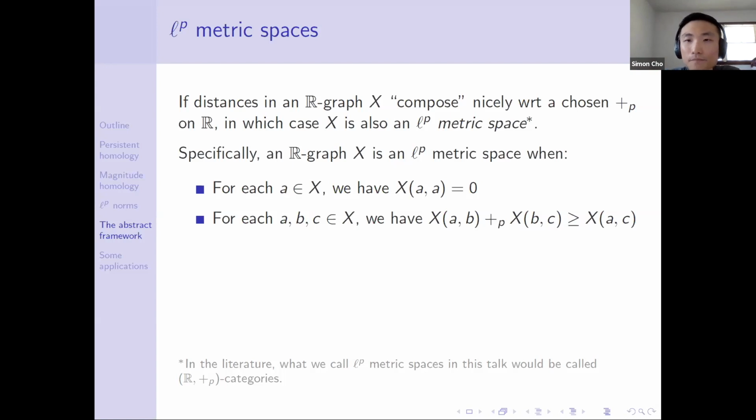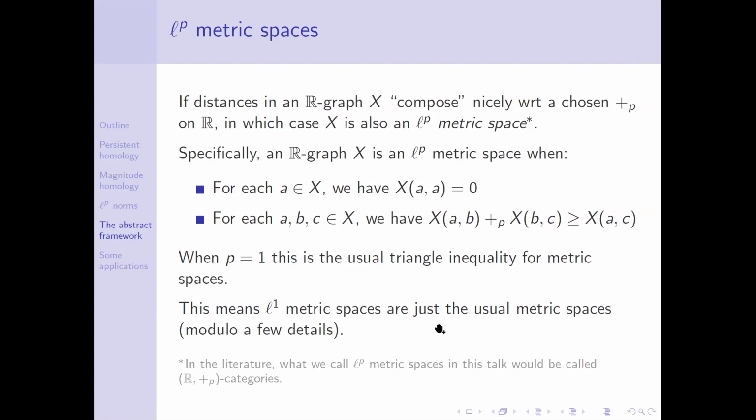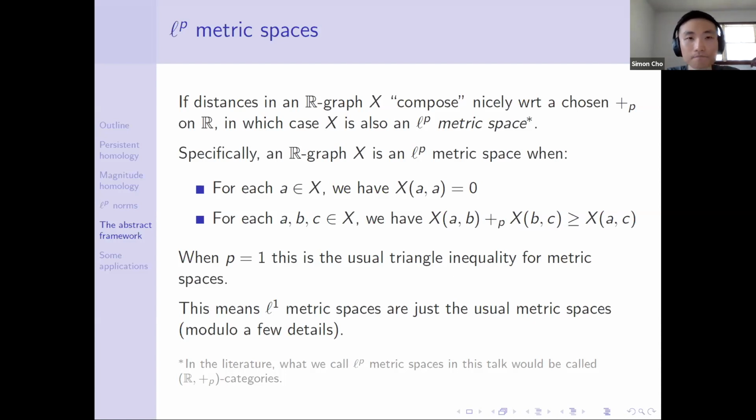So when P equals 1, this is exactly the usual triangle inequality, and L1 metric spaces are just the usual metric spaces, modulo a few details like symmetry. So this generalization actually gives us a cleaner and more natural theory, and then we can specialize later on to whatever we're interested in. Okay, and for those of you who are familiar, what we call LP metric spaces are just R comma P categories. Okay.